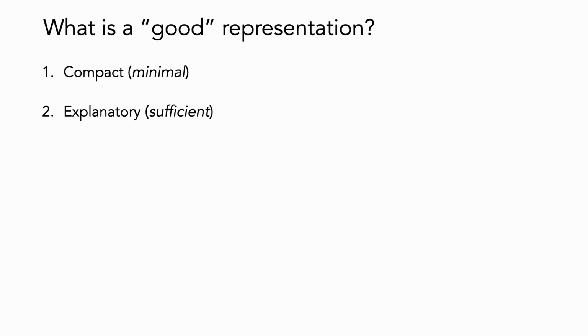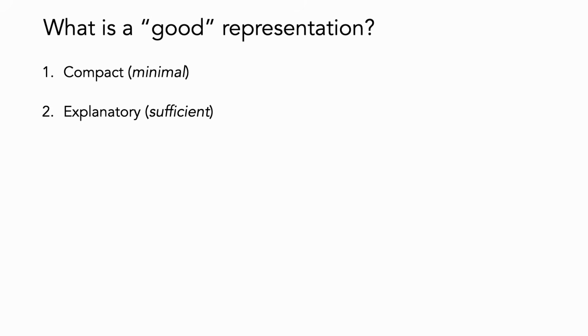You can take an information theoretic perspective here and think about how we want to keep the minimal amount of information. But we also need it to be what we call explanatory. That means that it's somehow sufficient to capture the dimensions that matter in our original data.